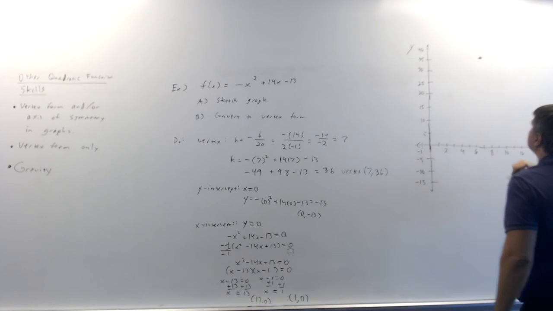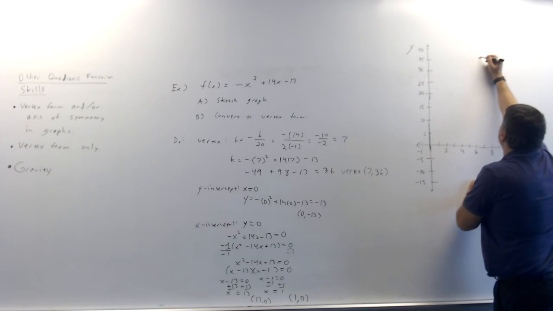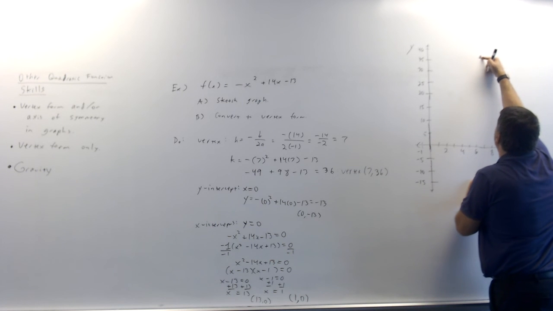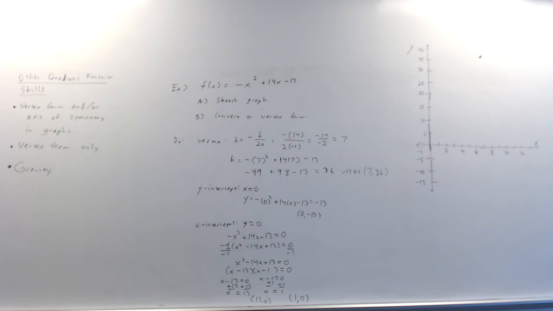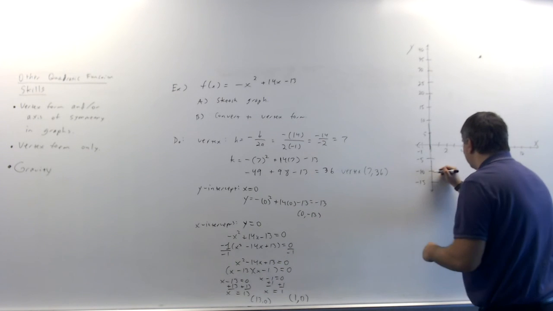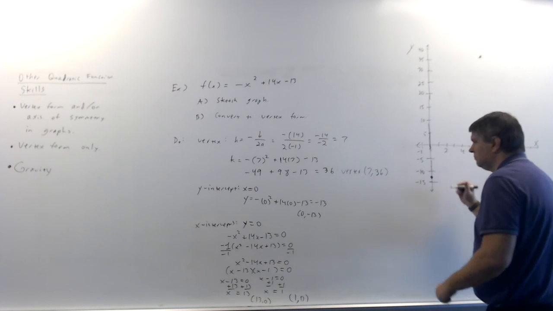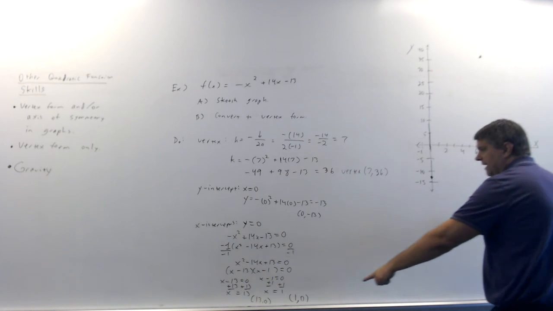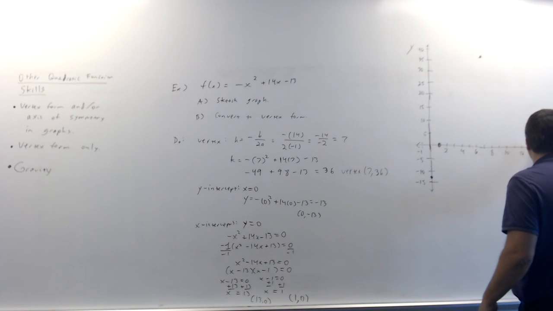Okay, I am going to step back to make sure that that looks somewhat appropriate. I'm going to bump this one up a little bit and erase the bottom. Okay, and then I have 0, negative 13, maybe about right here. 13, 0, and 1, 0. So 1, 0, and 13, 0.